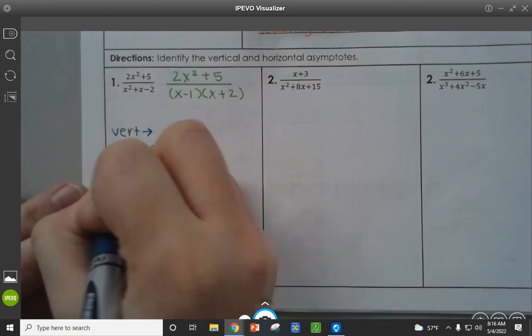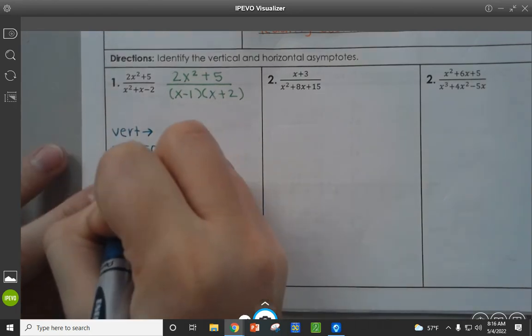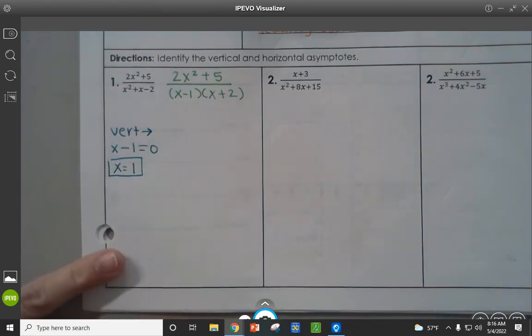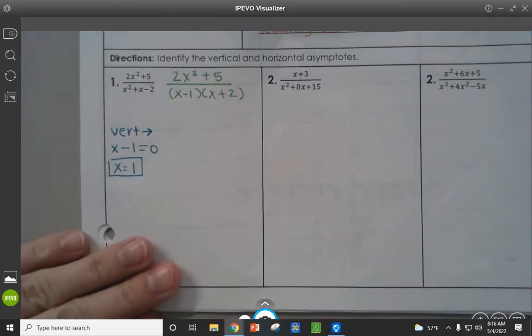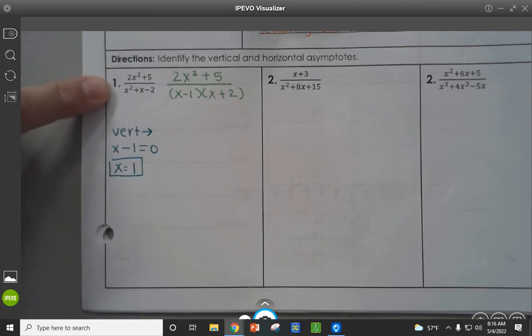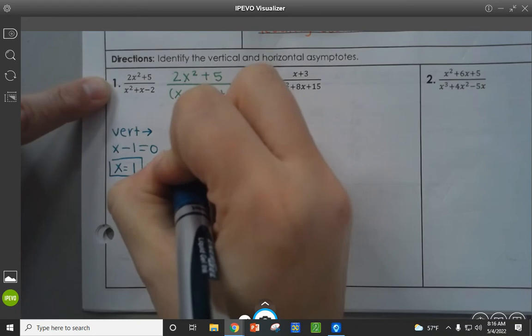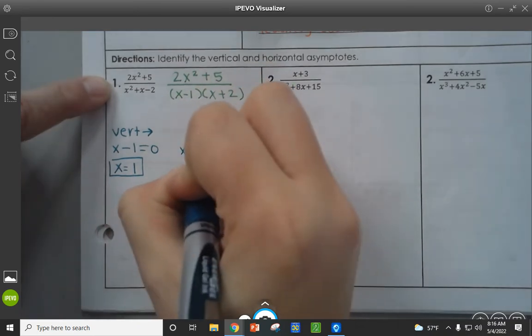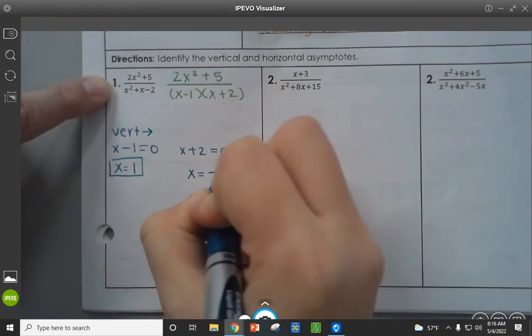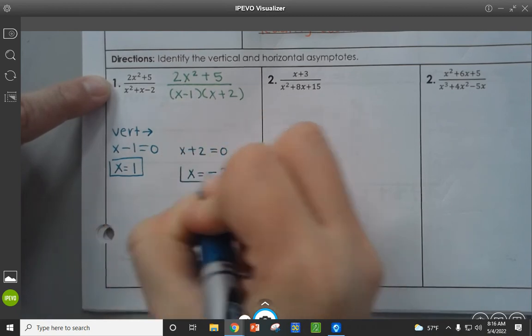So x equals what? 1. So one of the vertical asymptotes. So there's a vertical line at x equals 1. If I were to graph this, my graph is never going to touch that vertical line. And then x plus 2 equals 0. So x equals -2.